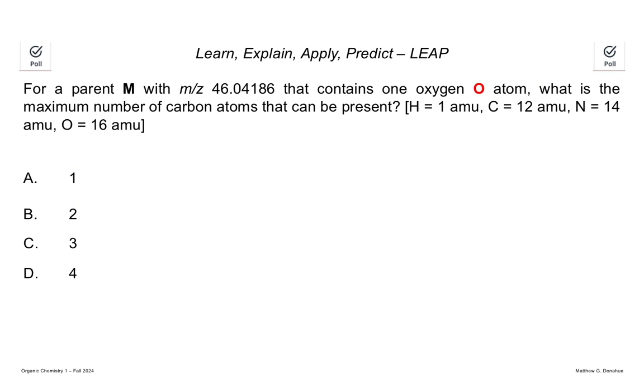So what about a parent with an even mass? So right away we know there's no odd number of nitrogens. There could be an even number, but the question then stipulates we're told there's 1 oxygen. What's the maximum number of carbon atoms that can be present? And so pay attention to this wording.